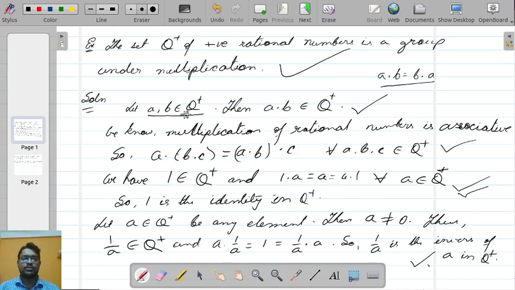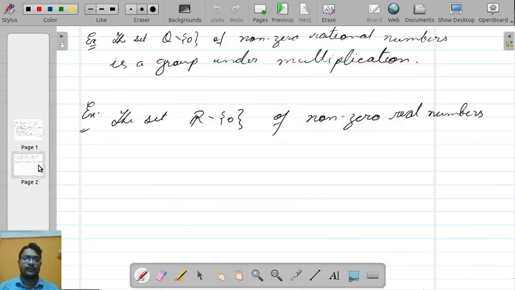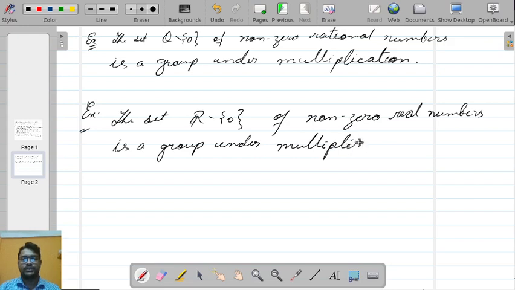Here instead of A, B belongs to Q plus, you will write A, B belongs to R minus singleton 0. Everything else is the same. So the set R minus singleton 0 of non-zero real numbers is a group under multiplication.